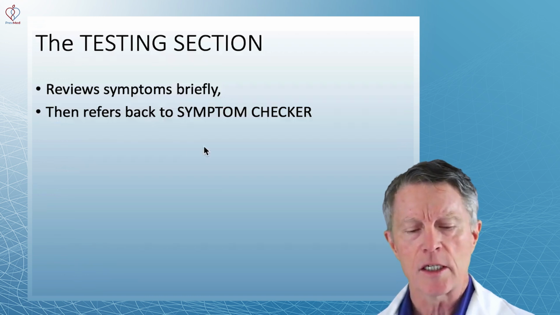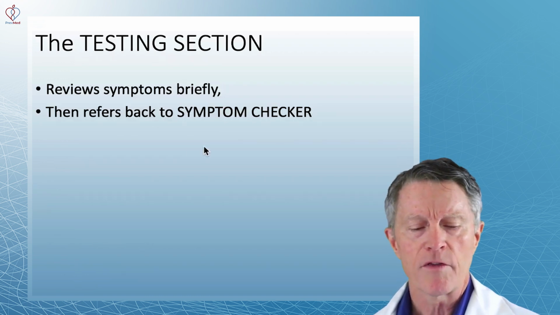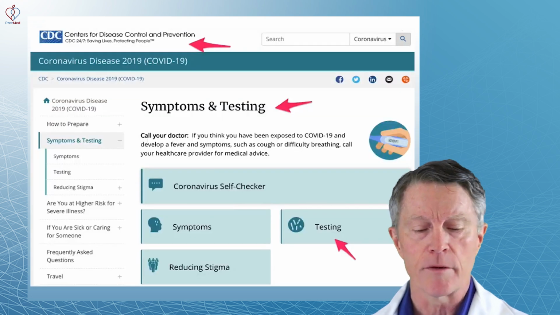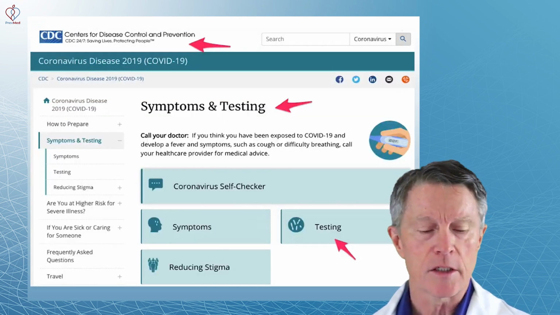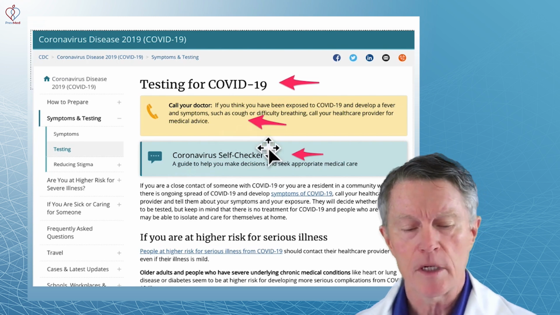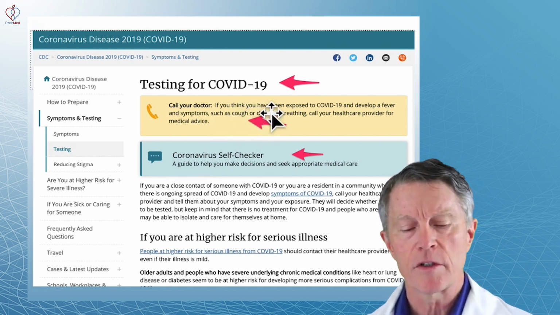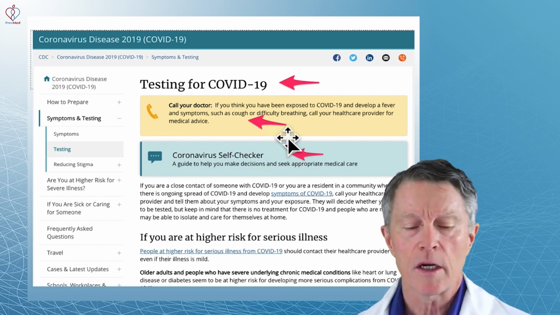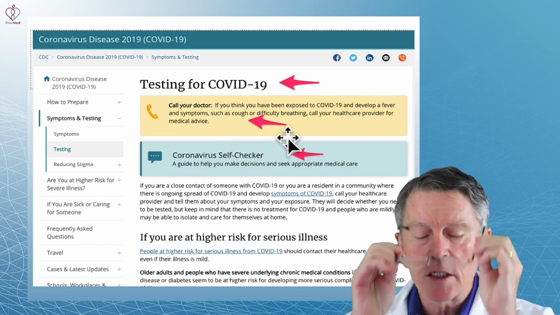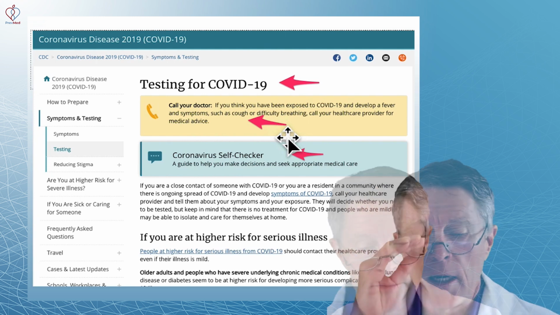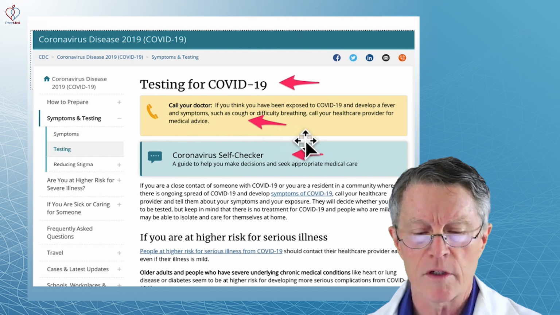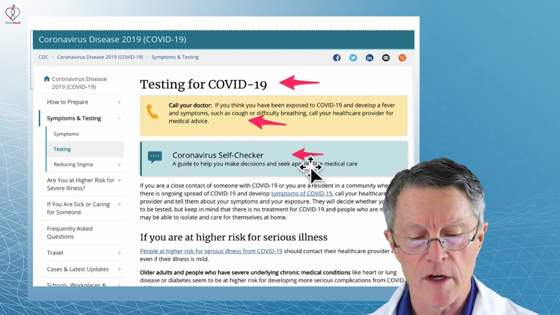So the testing section, as I said, briefly reviews the symptoms and then refers you back to the symptom checker. Let's click on the testing area button, and here we go. They talk about testing for COVID-19. First of all, they recommend that you call your doctor. If you think you've been exposed to COVID-19 and develop a fever or symptoms such as cough or difficulty breathing, call your healthcare provider.